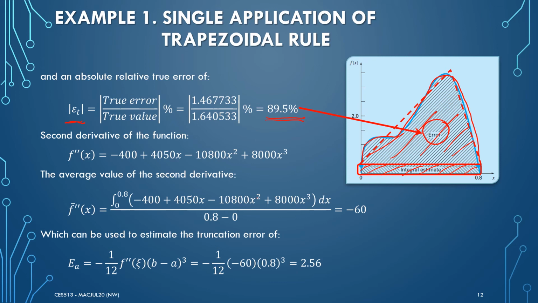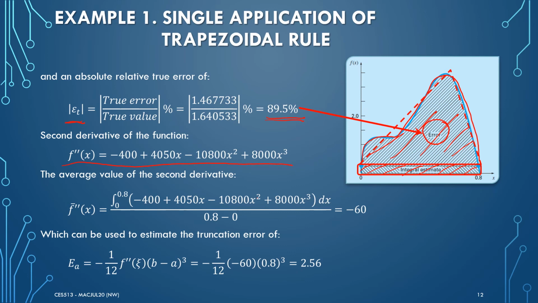In actual situations, we will not have any foreknowledge of the true value, so we cannot calculate the true error. Therefore, an approximate error estimate is required. To obtain this estimate, the function's second derivative over the interval can be computed by differentiating the original function twice to give this equation.